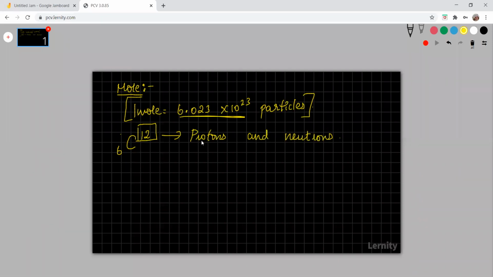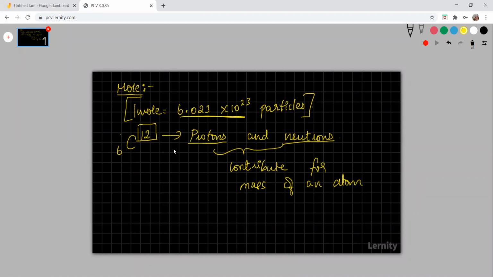This mass number came because of the protons plus neutrons. So we can conclude that these protons and neutrons contribute to the mass of an atom.